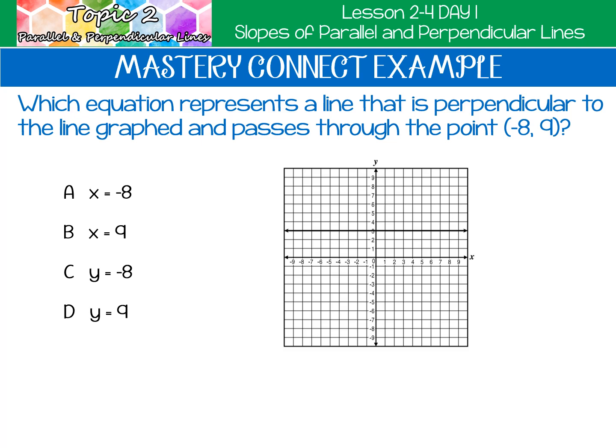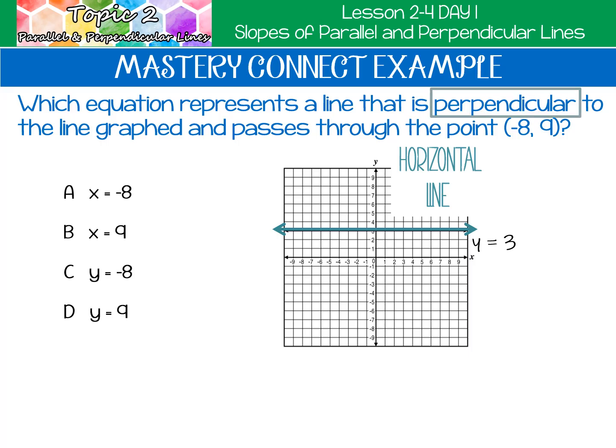Mastery Connect examples practice. Which equation represents a line perpendicular to the graphed line? Here's our line. The equation of that horizontal line that they gave us is y equals 3. We want it perpendicular to that line that's graphed. These two are horizontal lines.